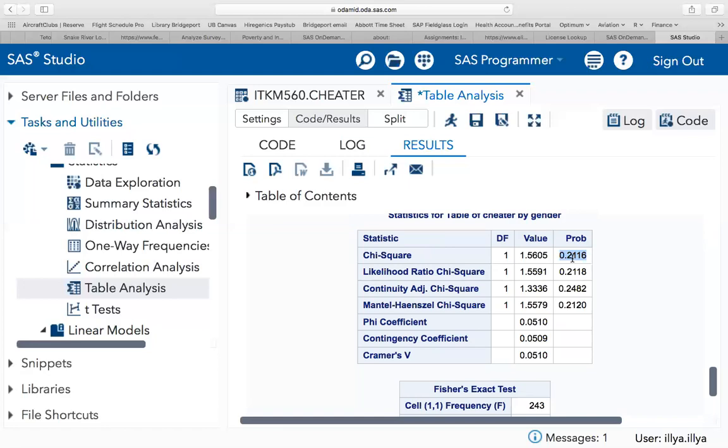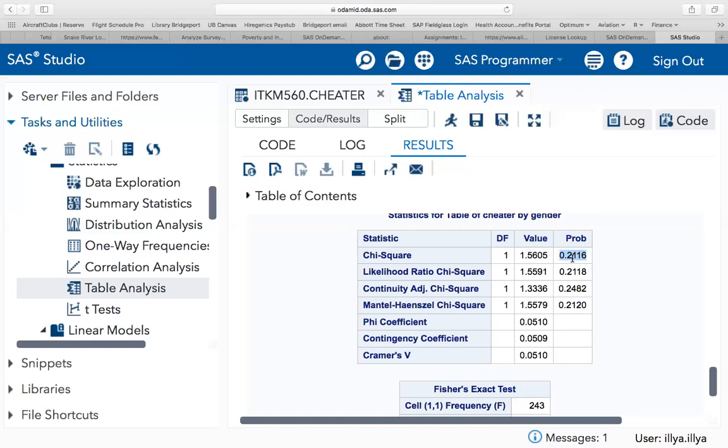But is it statistically significant? No. How can it possibly be more significant? Why did it not come out to be significant? Being such a big difference, 22 versus 27, it sounds like a big difference.